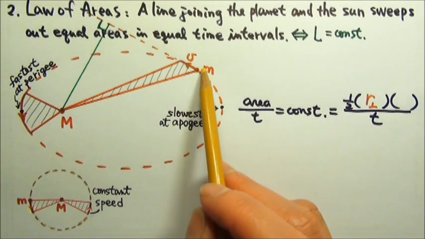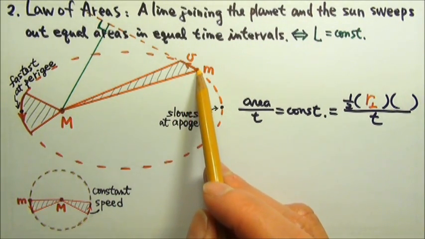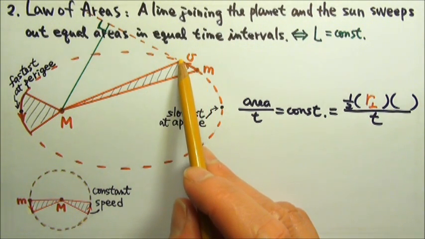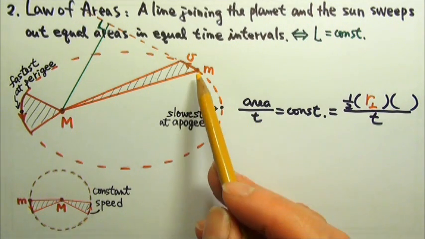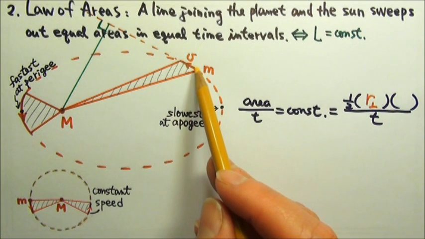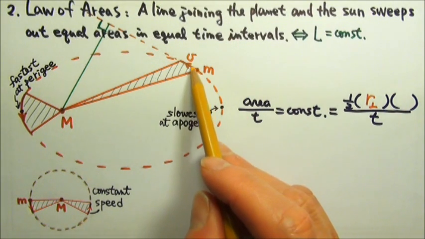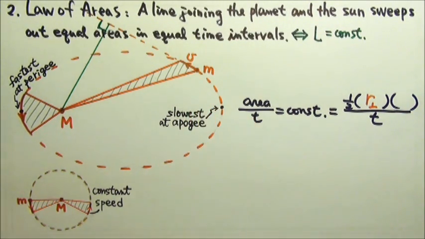As for the base of this triangle, the base of the triangle happens to be the distance traveled by the planet in time t. If we say the time is a very short amount of time, that means during that time the planet pretty much travels at a constant speed. Therefore, the distance traveled in time t would be v times t.